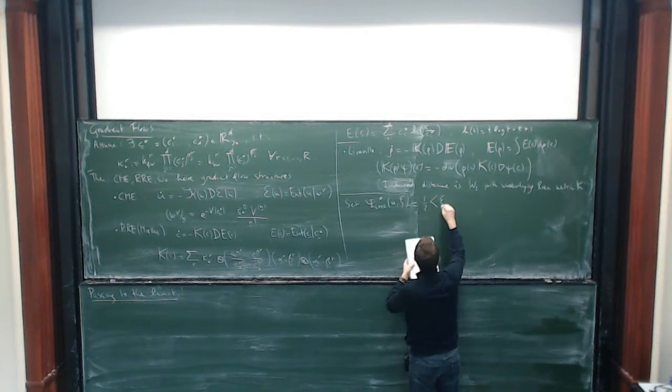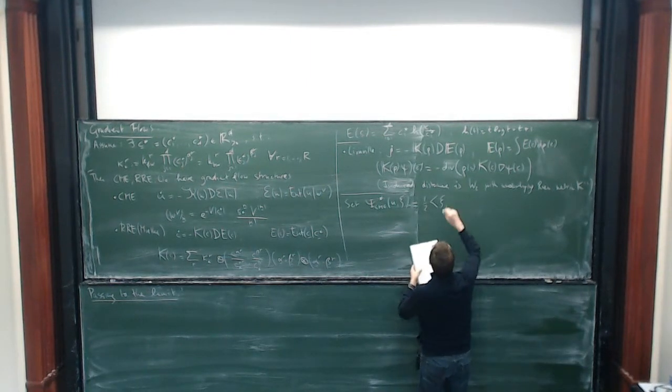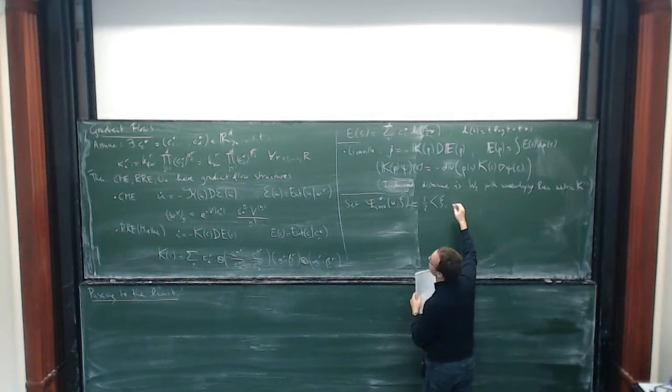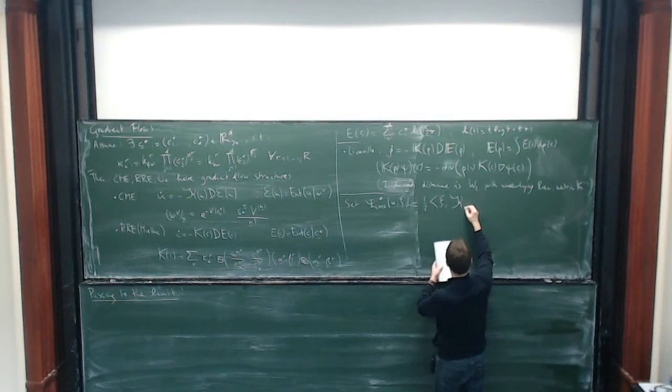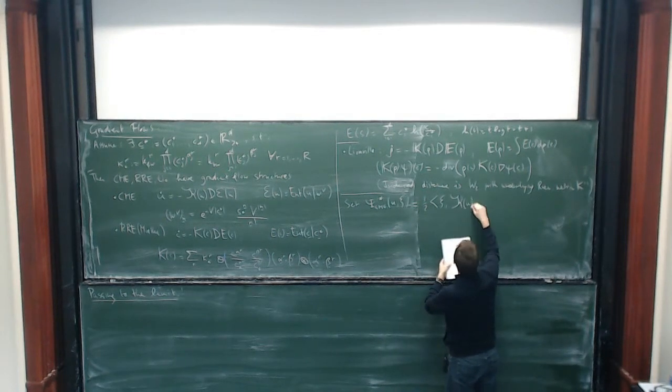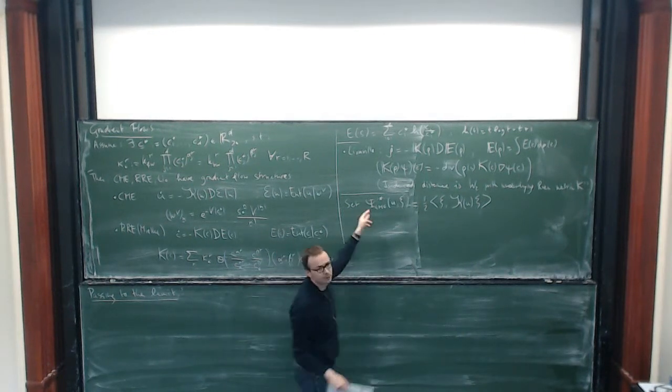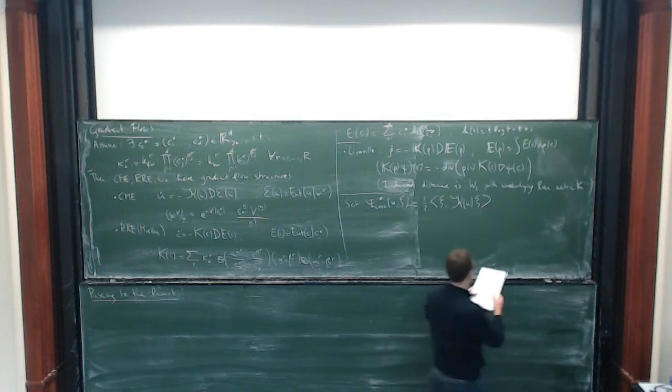So it's the inner product of psi with this curly K of u times psi. So that's the dual dissipation functional, which is quadratic.